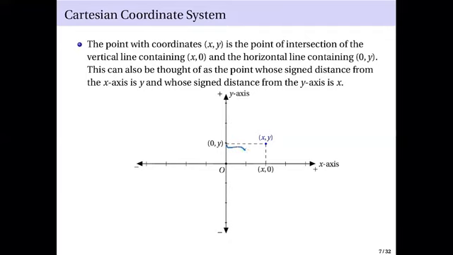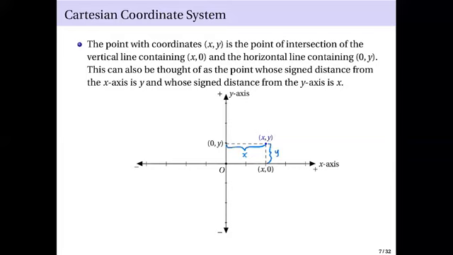This distance here is equivalent to x. So the distance of the point from the y-axis is x. And then the distance of the point from the x-axis, this is your x-axis, is equal to y.